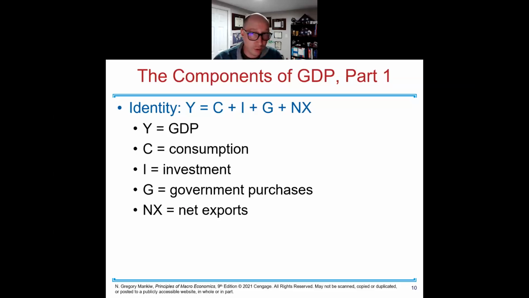G is government purchases. As you know, the government purchases things to operate. We purchase all of our things that we need for infrastructure.